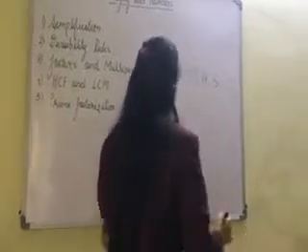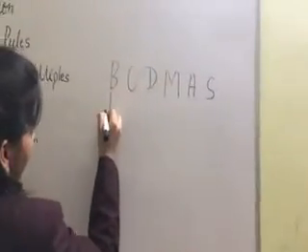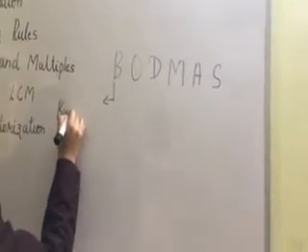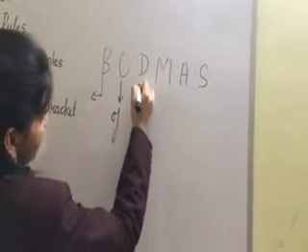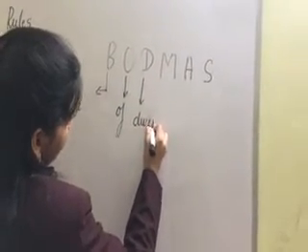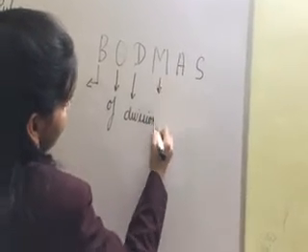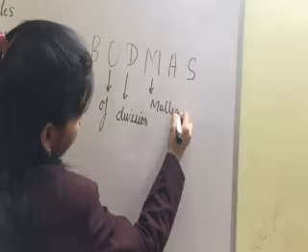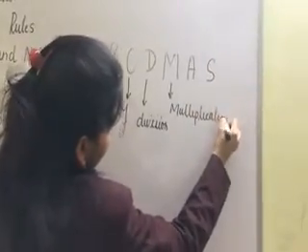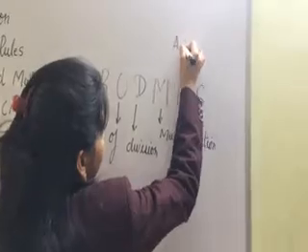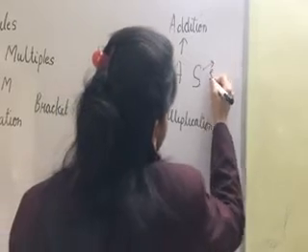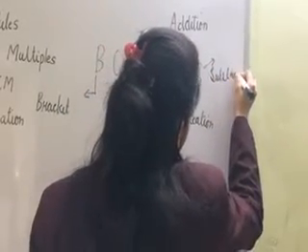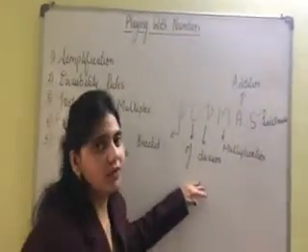BODMAS, where B stands for bracket, O stands for of, D stands for division, M stands for multiplication, A stands for addition, and S stands for subtraction. So this is the BODMAS rule. We have to follow this whenever we have to simplify a question.